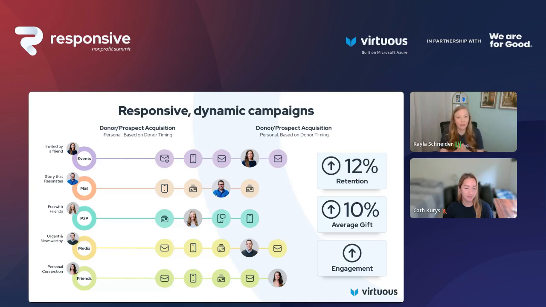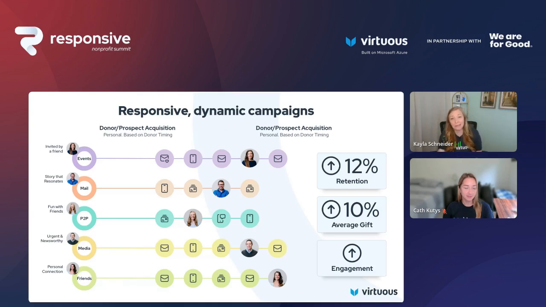It might be having that recurring gift ask after they've given for years, or maybe it's asking them to, as I mentioned, host a community event, right? What does it look like for us and how do we engage, making sure that we're doing that as well? And so that's really the base of what responsive fundraising is.